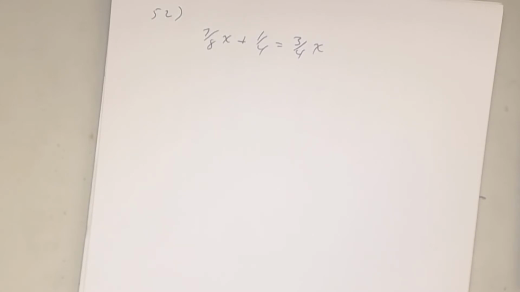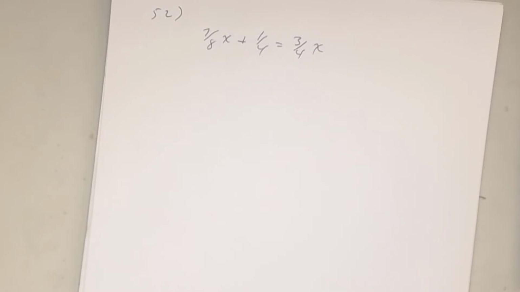So 7/8x plus 1/4 equals 3/4x. Do I do step 1? I want you to use the steps we've been doing. So I'm asking, do I do step 1? No, because there are no parentheses, so I don't use the distributive property at this point.